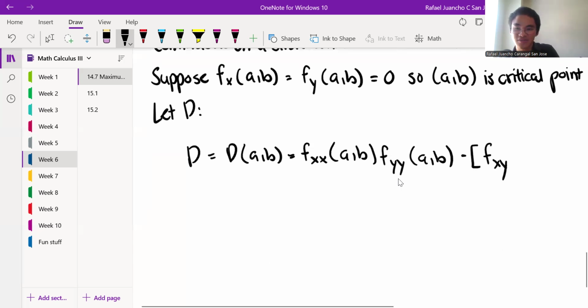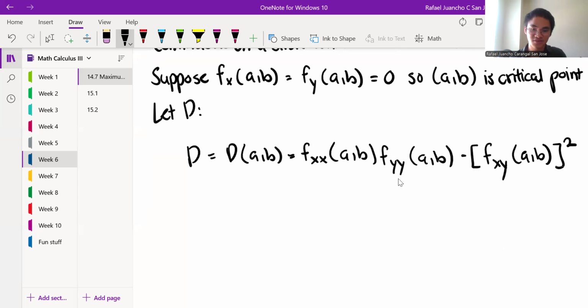And we did talk about Clairaut's theorem in a previous video. So here's the condition.